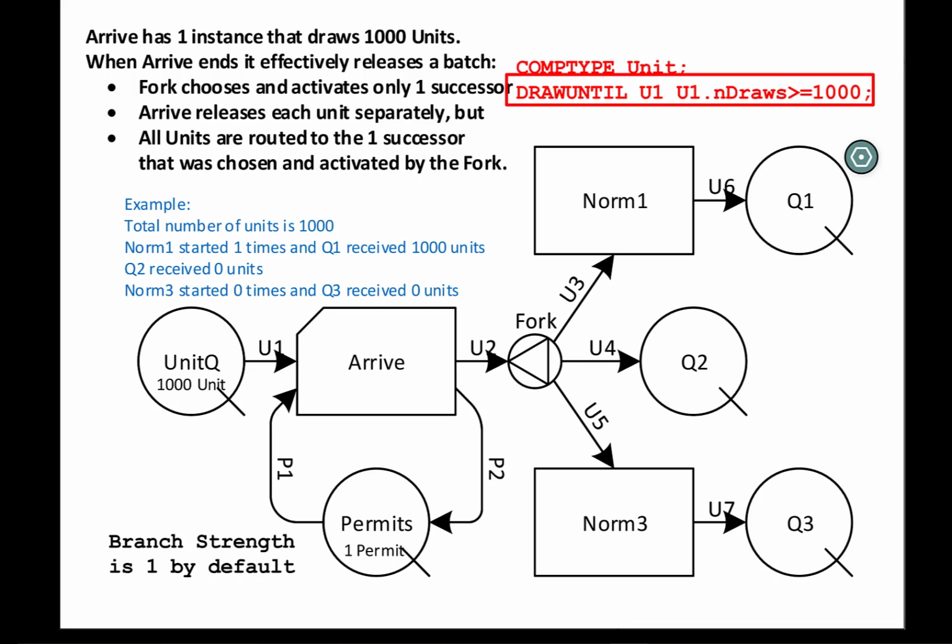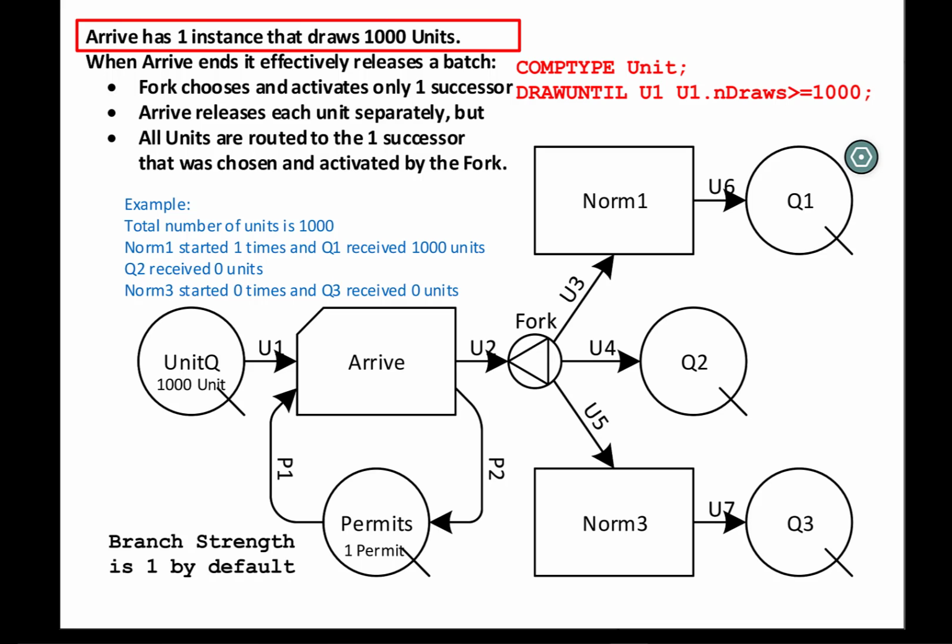As in the previous models, unit Q is initialized with 1000 units. The expression for the draw until for link U1 allows the link to draw all the units into the first instance of activity arrive. Thus, the first instance of activity arrive will contain 1000 units.